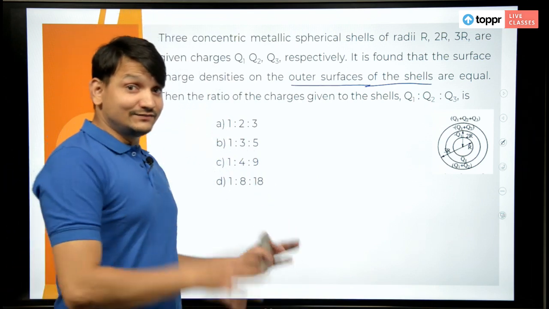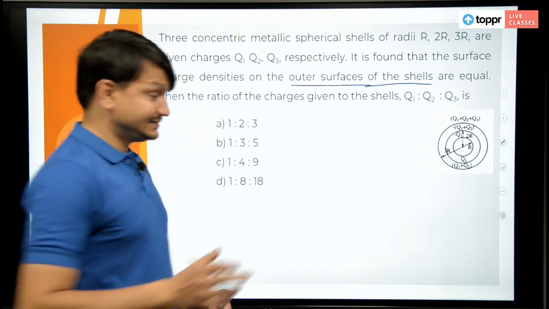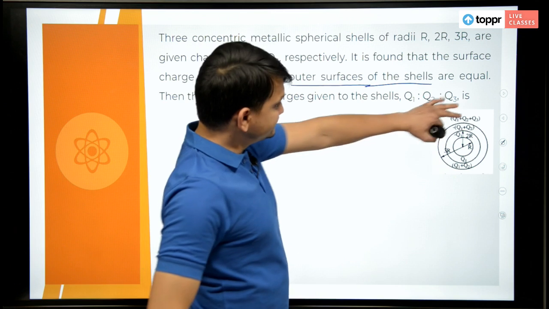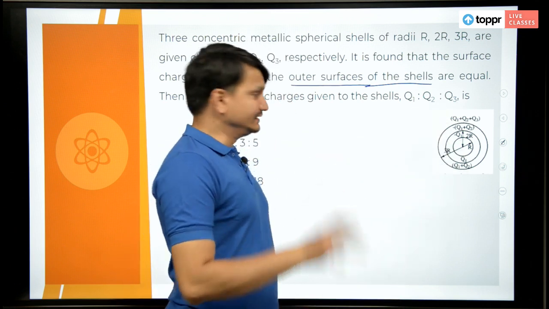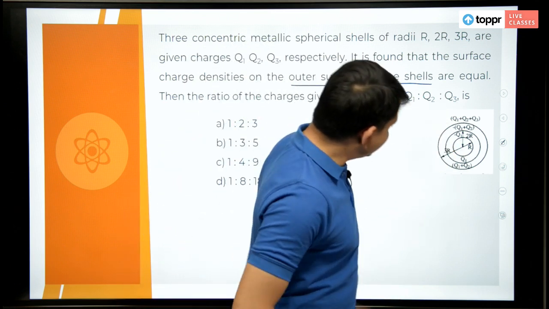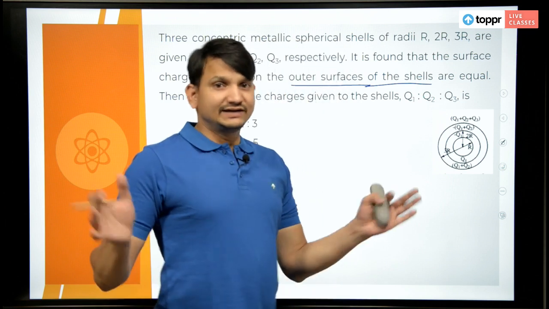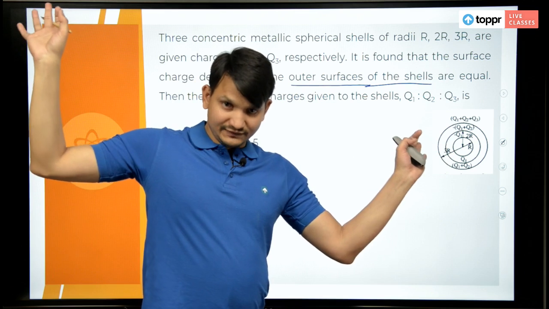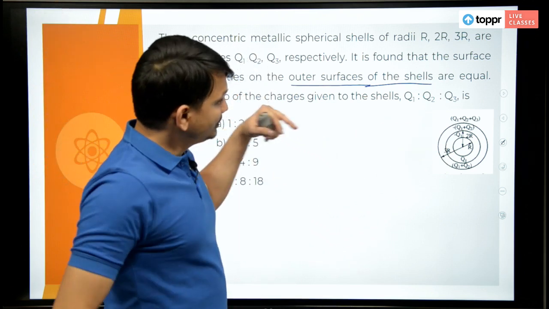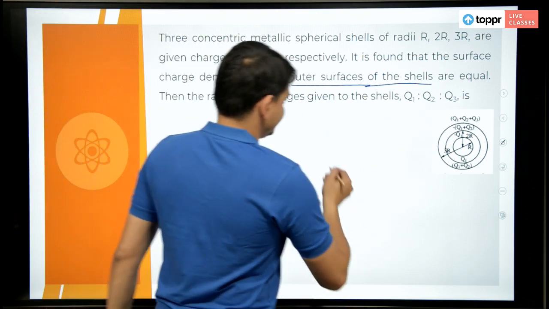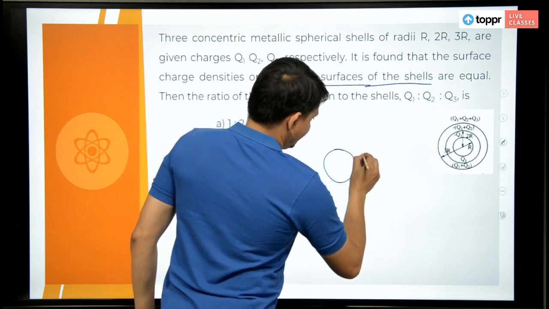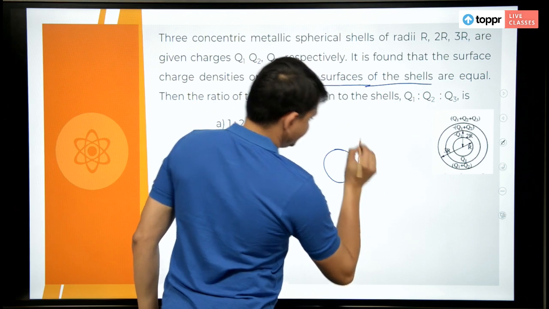Now consider what we just discussed. Here we have 3 concentric shells. Start from the inner one. The inner one has charge Q1 and it will not be affected by anything outside of it, so it will remain Q1.